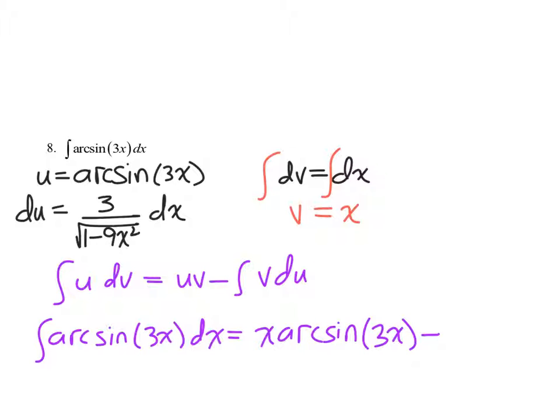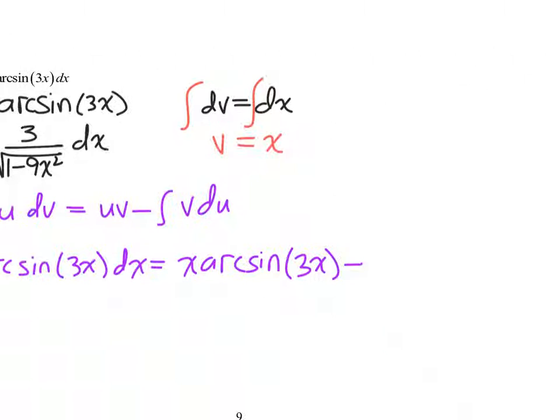So this is where it's going to get a little juicier. But the good news is it doesn't look like it's going to involve parts in the second part of the problem.